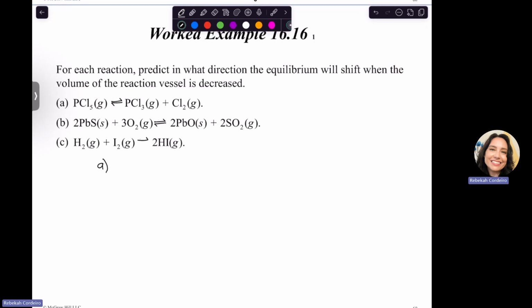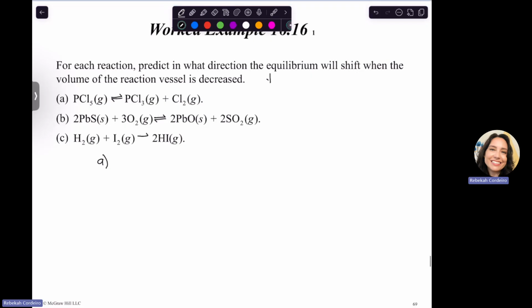So for A, if you are decreasing the volume, remember decreasing volume is the same as increasing pressure. So if we increase pressure, we want to shift towards fewer moles of gas. If we look at A, we have 1 mole of gas on the left side, and we have 2 moles of gas on the right side.